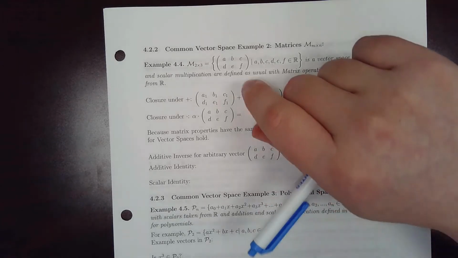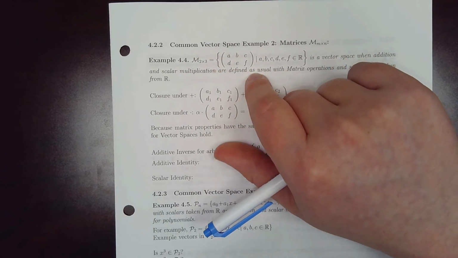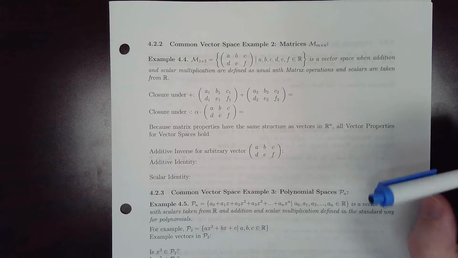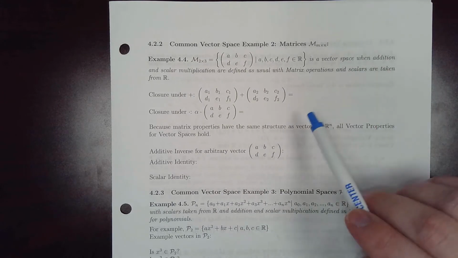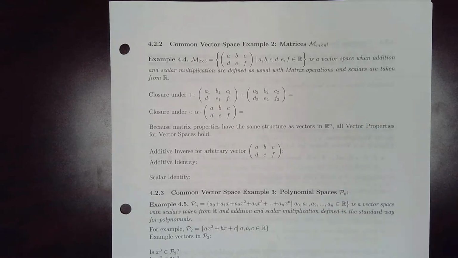So an example space here would be M 2 by 3. This is matrices that have 2 rows and 3 columns where every entry is in the real numbers. This is a vector space when you have addition and scalar multiplication defined the way we've been doing them.